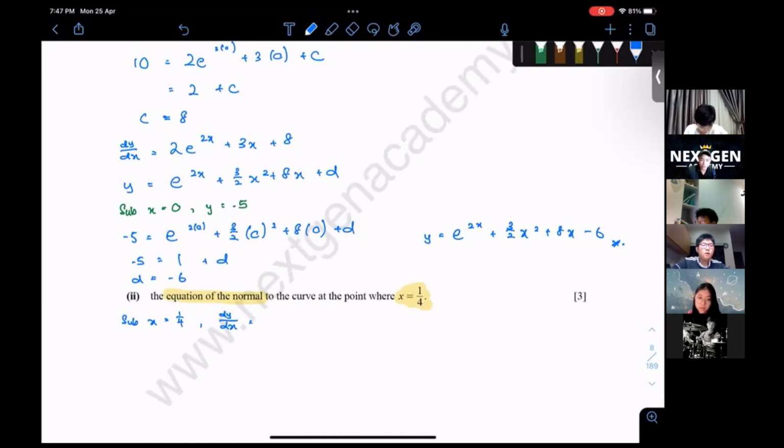When you immediately sub into dy over dx at that specific point, you are finding the gradient of what? Tangent. Gradient of the tangent, not the curve anymore. So 2e to the power of 2 times 1/4 plus 3 times 1/4 plus 8. What's your answer for this?